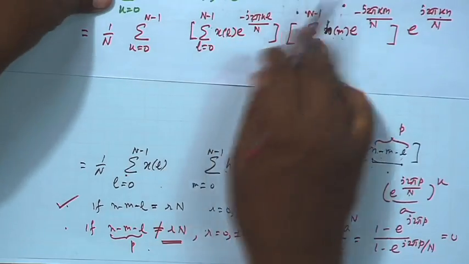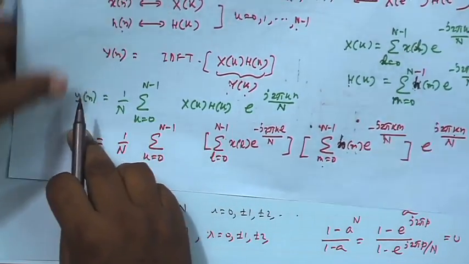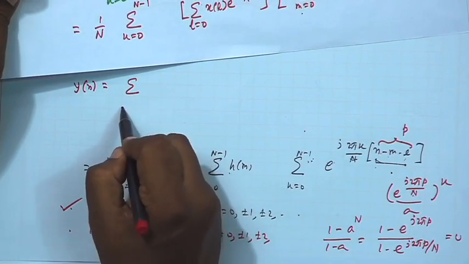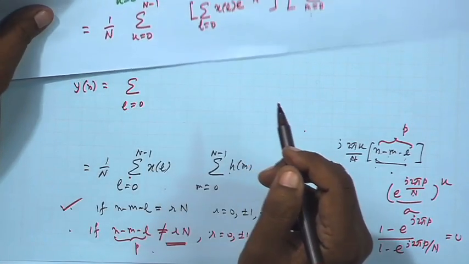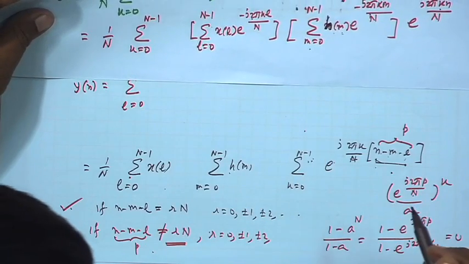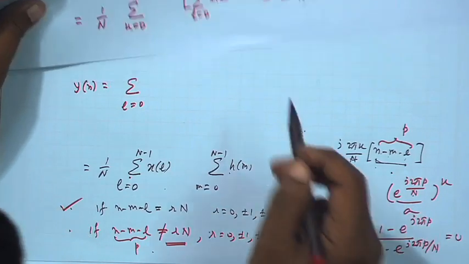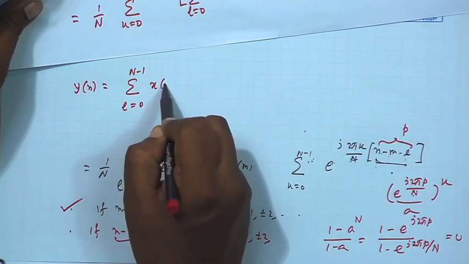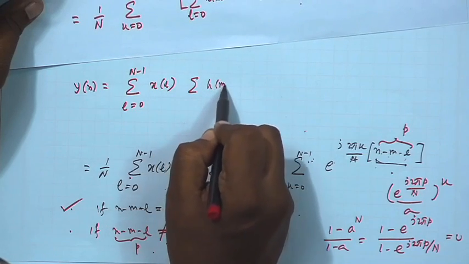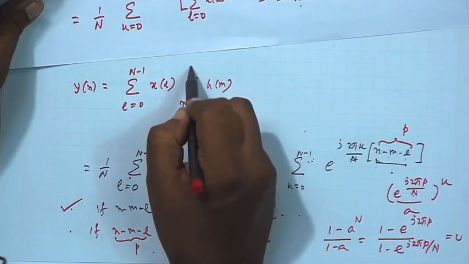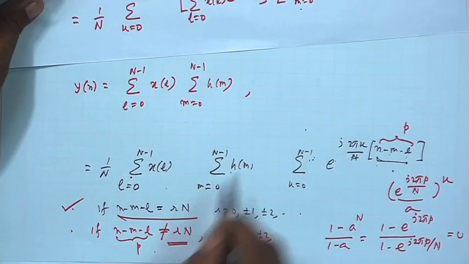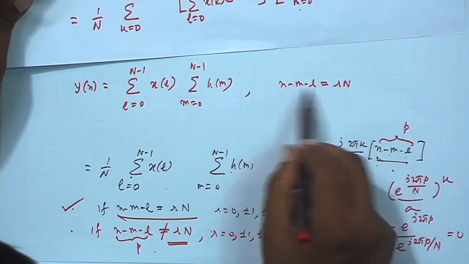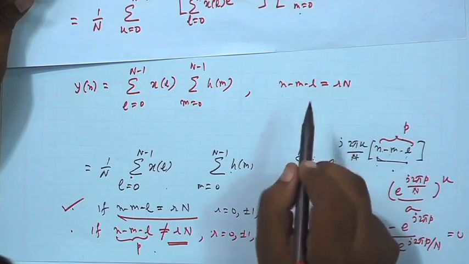That means y n is given by this part with this condition: r into n, where r is either 0 or n or 2n or minus n, minus 2n.